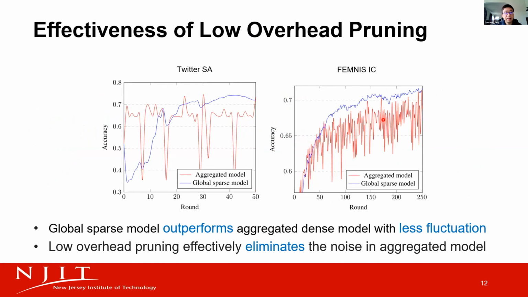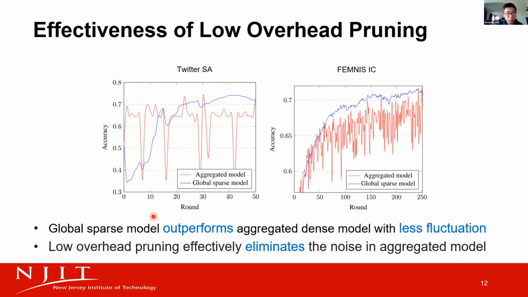So in this slide, I will show you the effectiveness of our process by using the lower overhead pruning. We have two applications. The blue lines are our global sparse model, and the red lines are an aggregated dense global model.